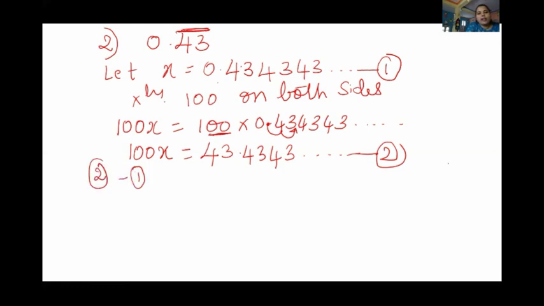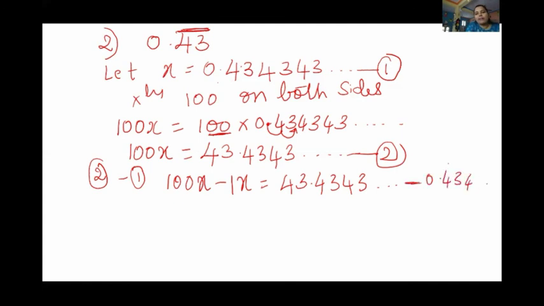So you subtract the LHS, 100x minus 1x, equals 43.4343 etc. minus 0.4343 etc. The decimal part on both sides gets cancelled.